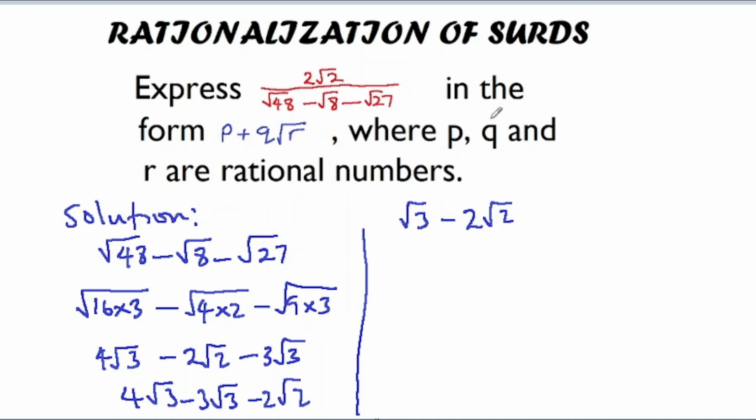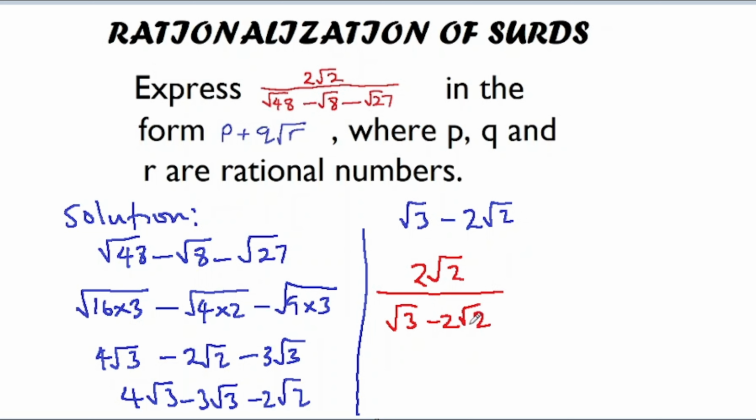So our question now becomes 2 root 2 divided by root 3 minus 2 root 2. We've been able to simplify the denominator to root 3 minus 2 root 2.